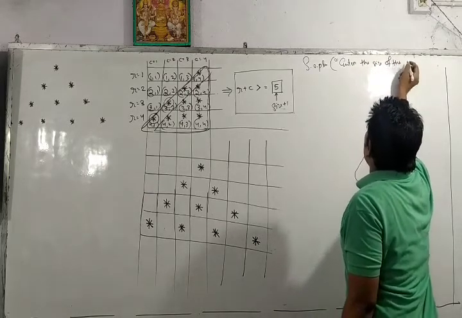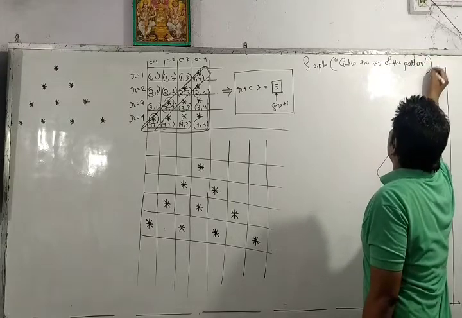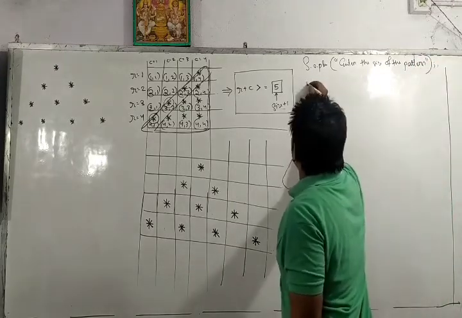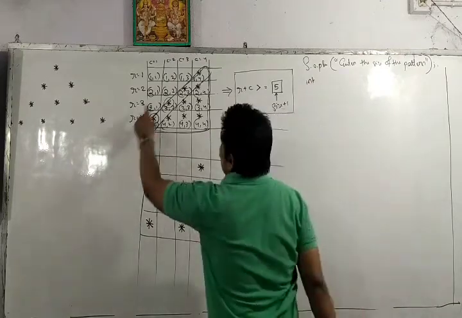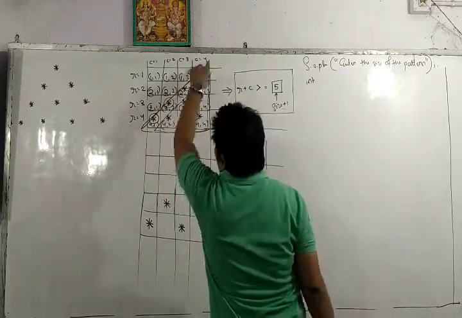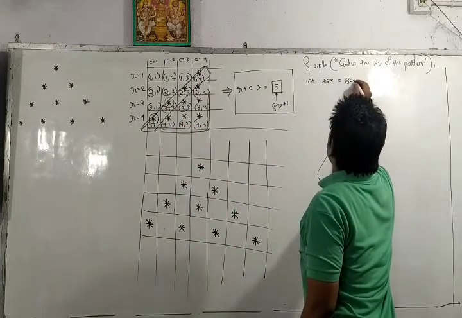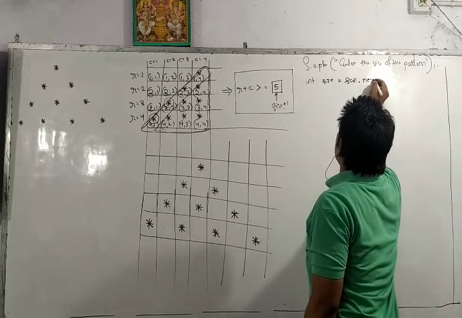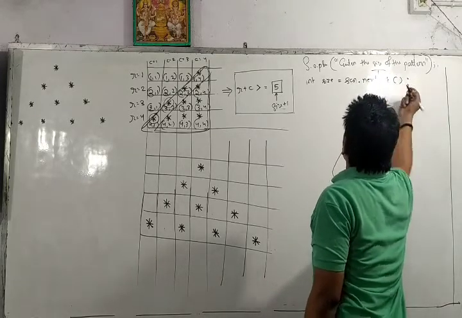Here the row size and column size are both the same, 4 and 4, so we will take only one size. Size is equal to the Scanner object dot nextInt.